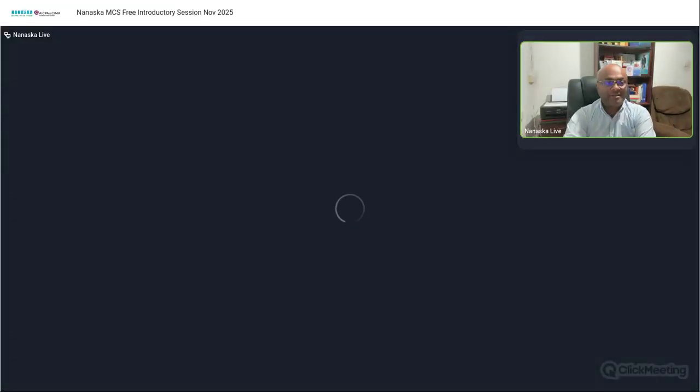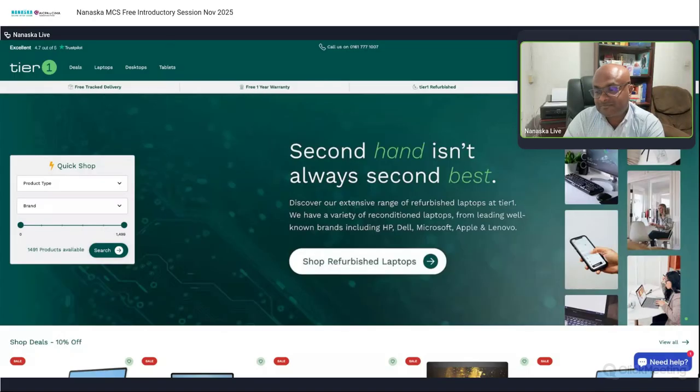Here we go with tier 1 online. Now look at the wording. I think I like that wording. Second hand isn't always second best. Of course, they're trying to promote you to buy second hand computers as well.